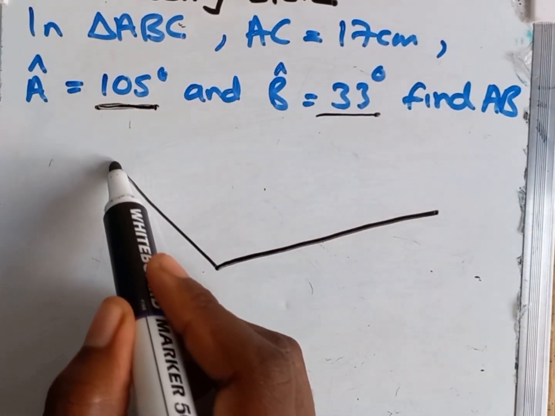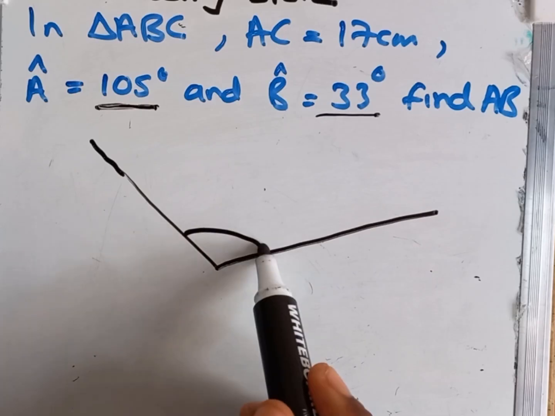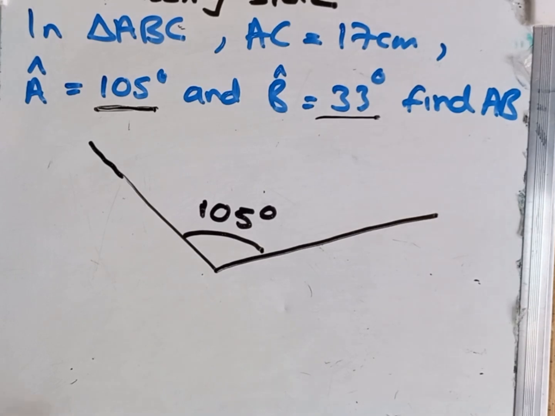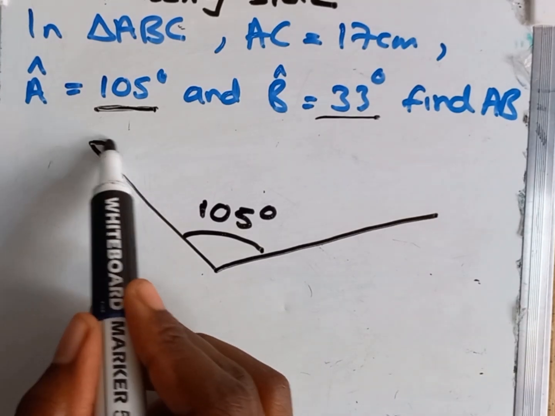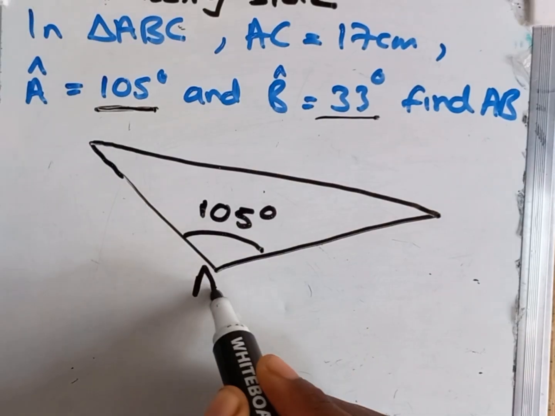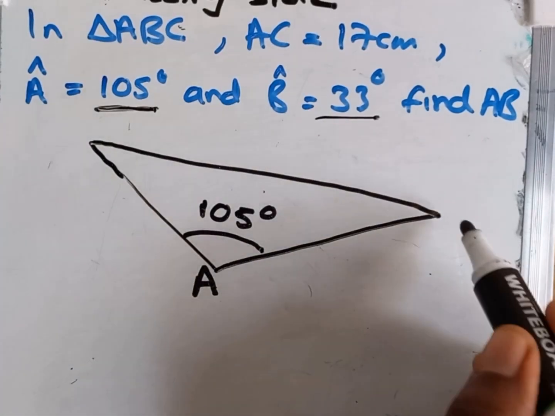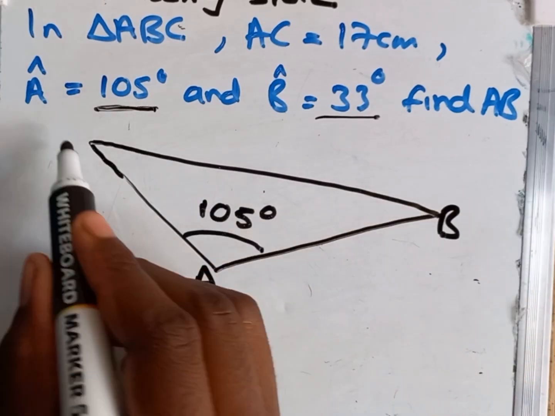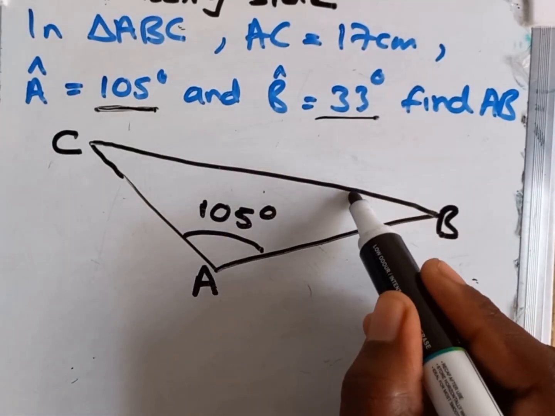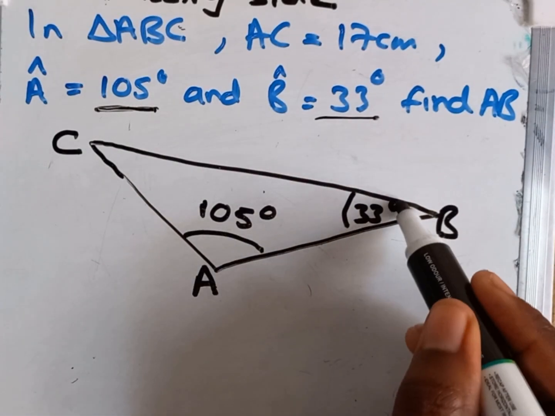Let's take this to be our 105 degrees, and I draw like this. It's just a sketch. So here we said this is our A. Let's make this our B and this our C. A, B, C. So our B is 33 degrees.